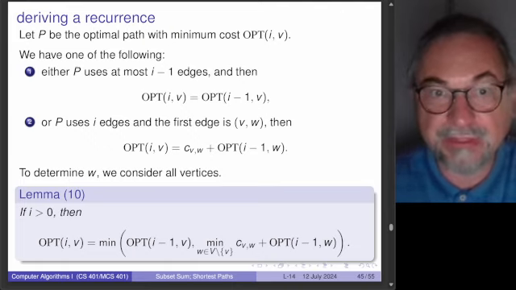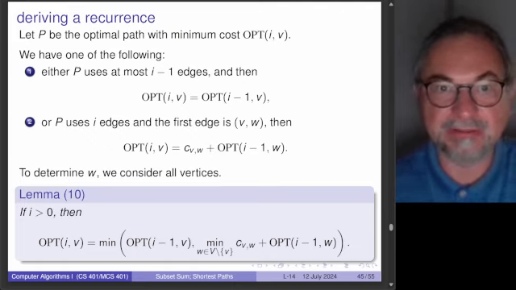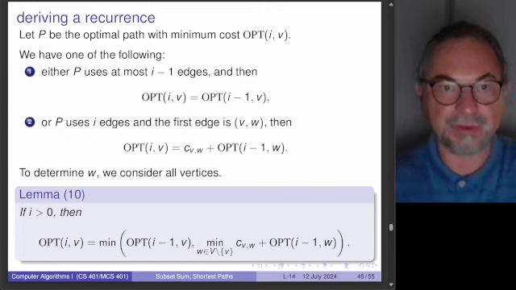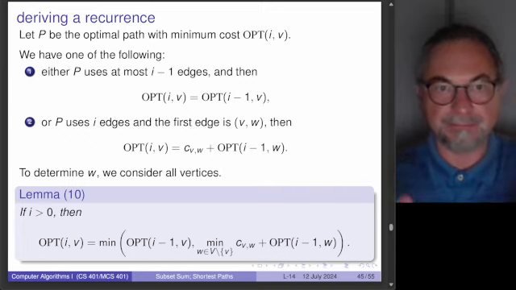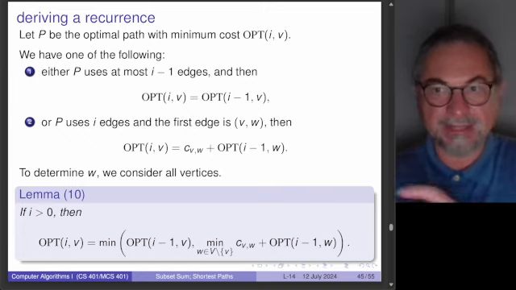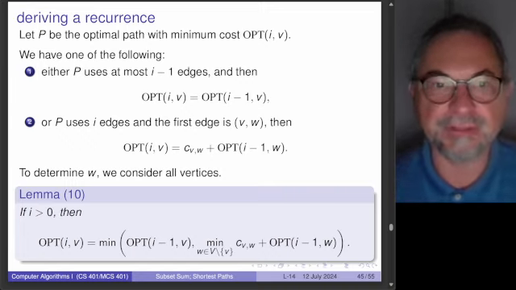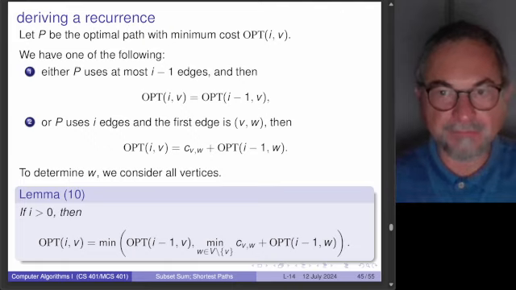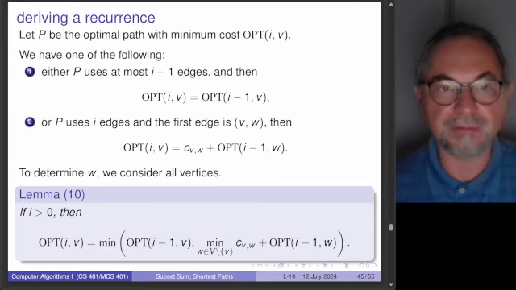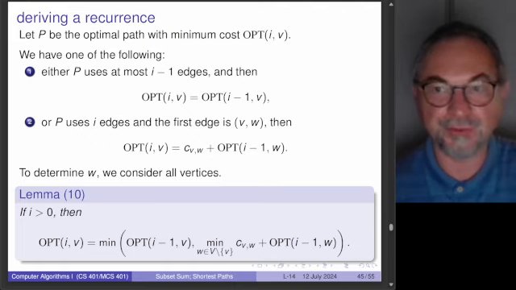Either we are not actually using i edges, and then it's the same. So for the optimum path that ends at the vertex v, we are not using i edges, we're using i minus 1 or less.